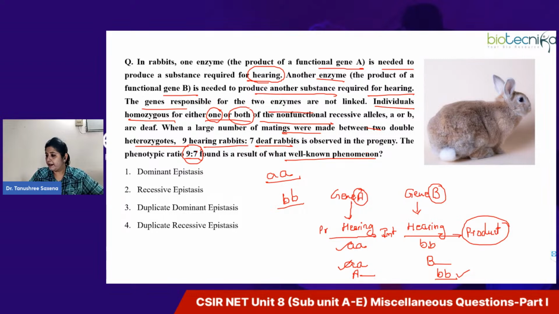Okay. So option 4, duplicate recessive epistasis, everybody is saying. Suresh, Anu, Achal, Rahul, Anusha, Aruna, Anupam. I must say, dear participants, I really appreciate you all for taking out time and attending the sessions. I'm really glad that you are taking the initiative and trying the questions.